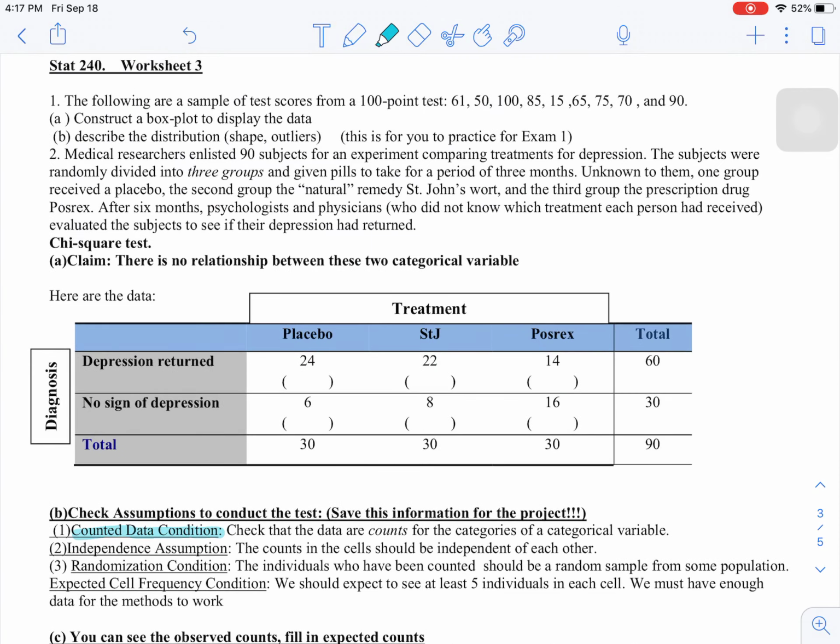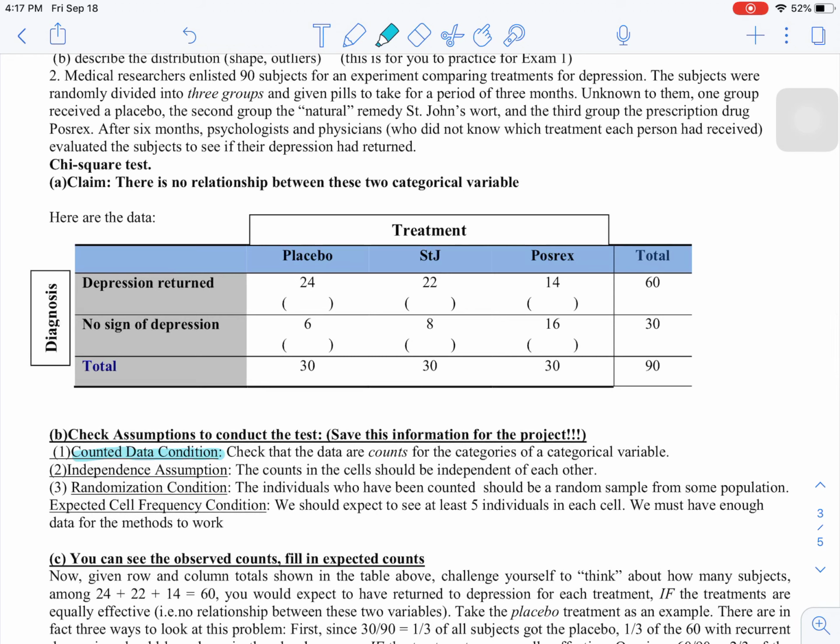So let's go to our example here in question 2. In question 2, our example is that we have medical researchers who have enlisted 90 people for a study. They're dividing these 90 people into 3 groups and giving each of them a different treatment.